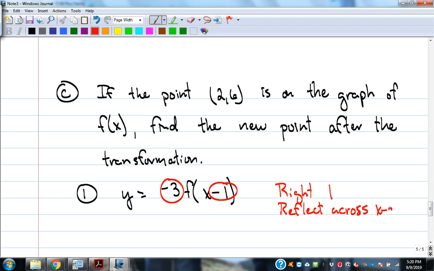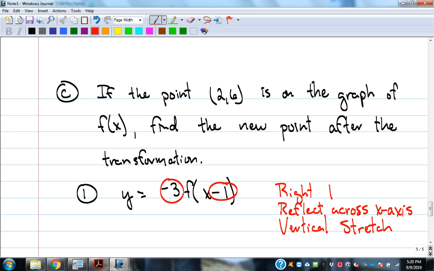And then the 3 is a vertical stretch, right? All right. So what we're going to do is we're going to take that ordered pair and we're going to do those transformations to that ordered pair.